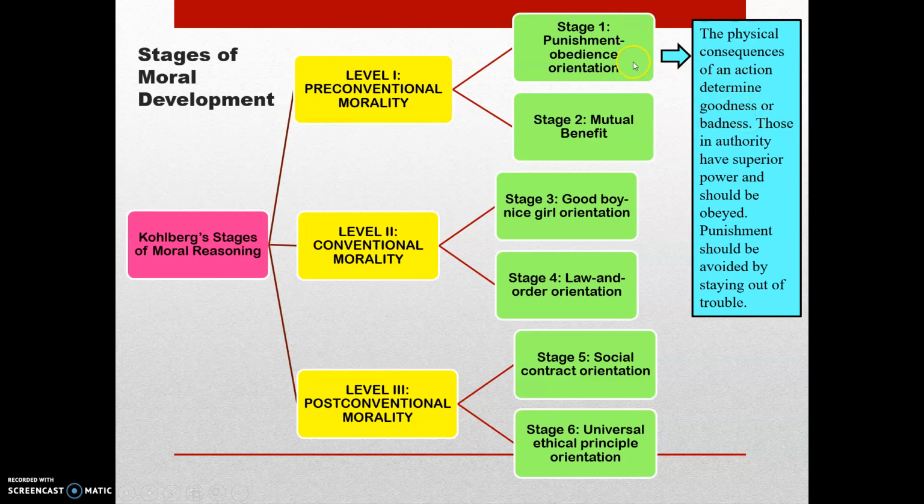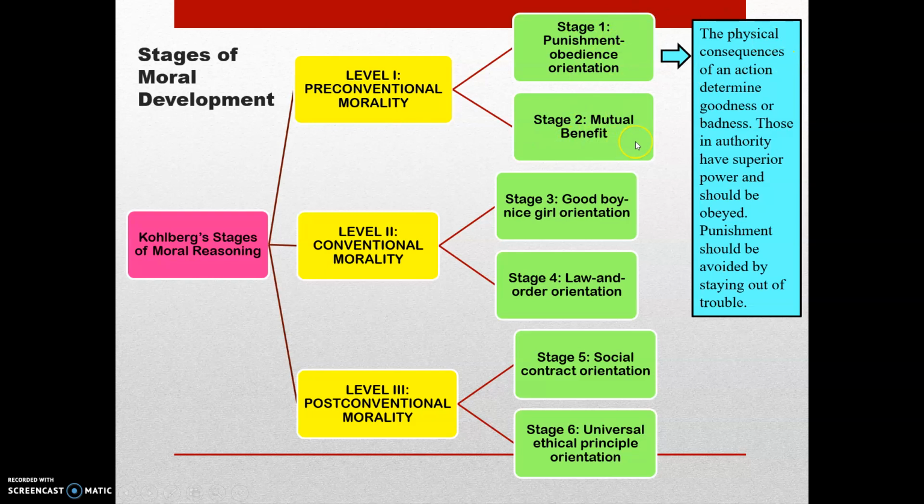A child in stage 1 does what he or she is told to do in order to avoid punishment. Kasi nga, punishment, obedience, orientation. And if the child receives a punishment, therefore his or her action is wrong.